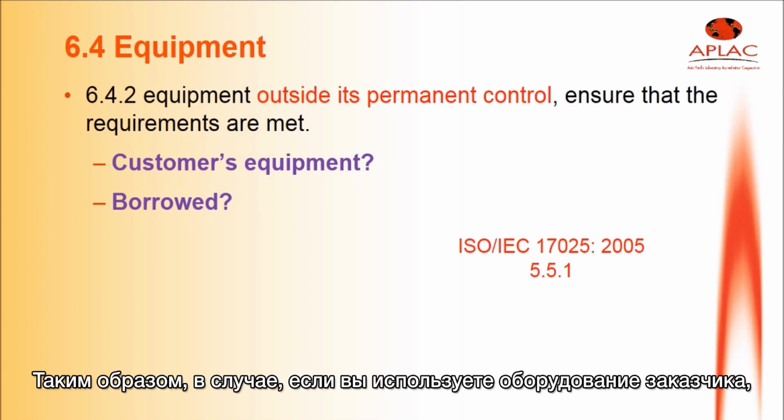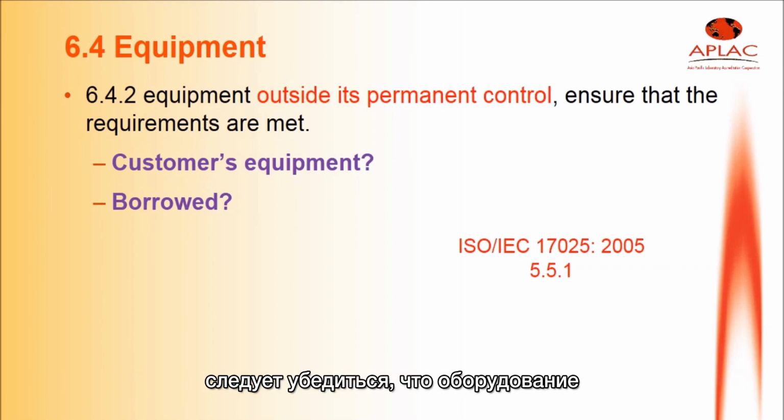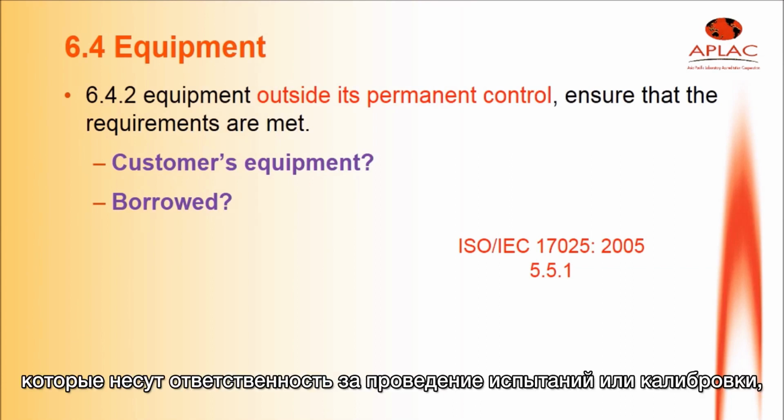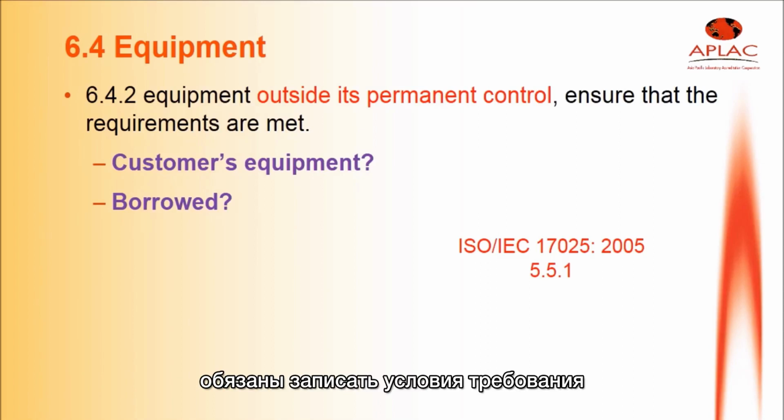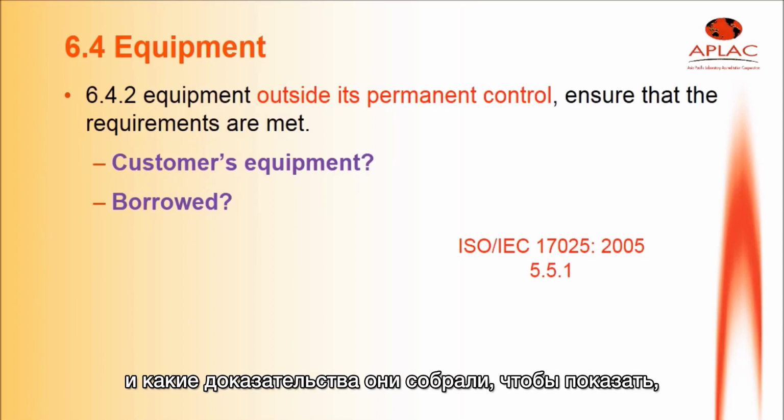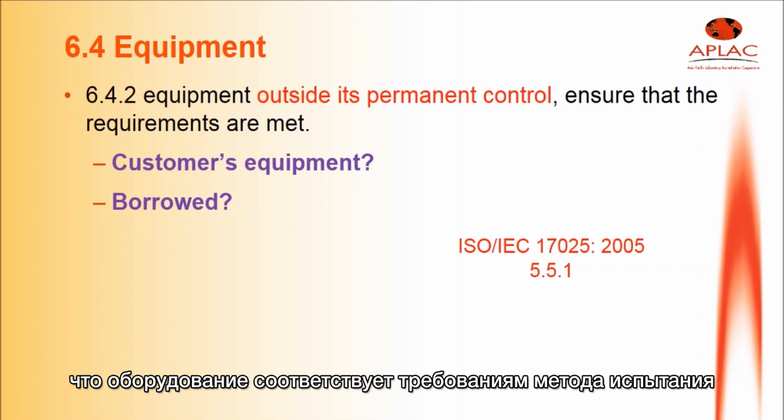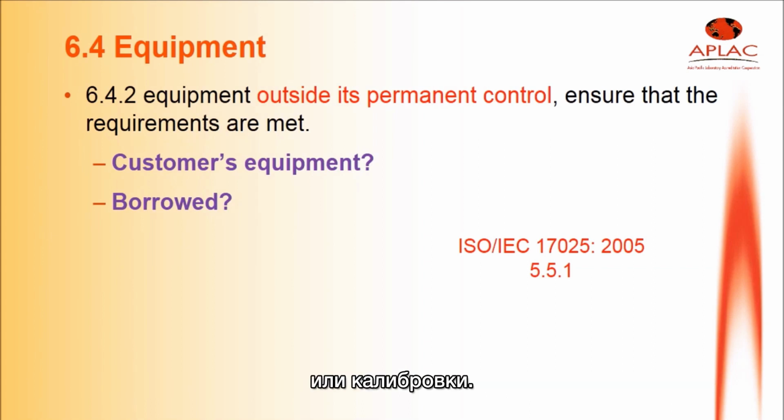In that case, you have to make sure that the equipment meets the requirements of the testing or measurement. The staff responsible for the testing or calibration have an obligation to record the condition of the requirement, and what evidence they collected to demonstrate that the equipment meets the requirements of the testing or calibration methods.